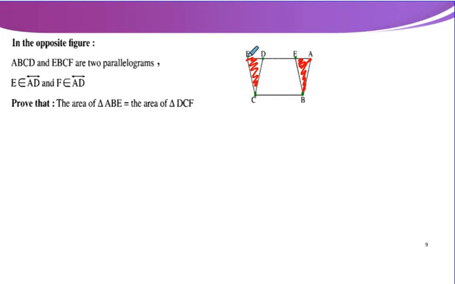The two parallelograms have a common base, CB, and they are drawn between two parallel straight lines, AF and CB are parallel. Why? Because ABCD is a parallelogram, then AD is parallel to BC from the properties of the parallelogram, and also EBCF is a parallelogram, so this is parallel to this from the properties of the parallelogram. Then we can say AF parallel to CB.